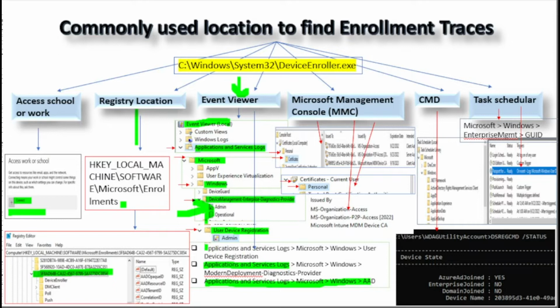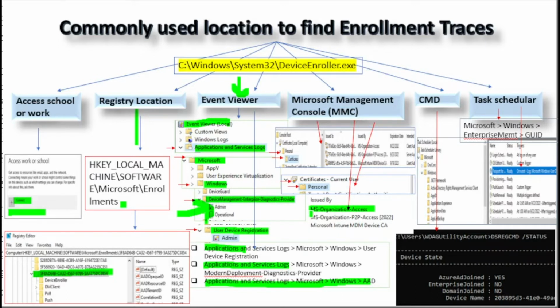Now the fourth one is the Microsoft MMC, where we can check the certificates. When a machine is going to enroll in Intune as well as register in Azure AD, it will get certificates from Intune as well as Azure AD.